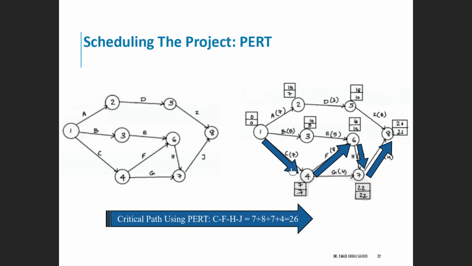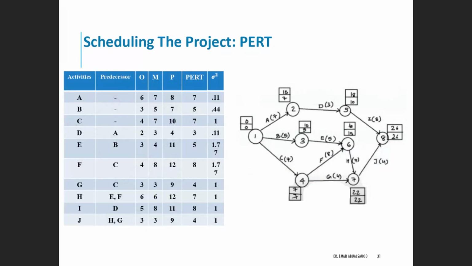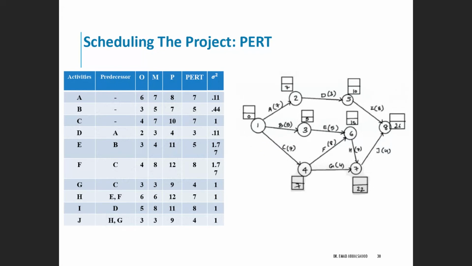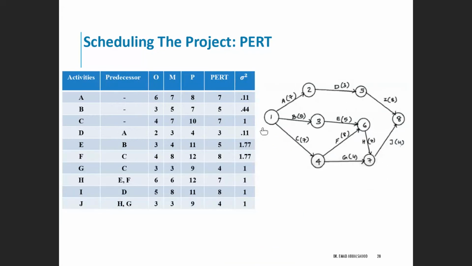How you calculate the critical path value? So the critical path will be activity C, activity F, activity H, then activity J. C, F, H, and J is the critical path. What's the time for the critical path? You add the values اللي احنا وجدناها من الأول للبيرت. 7 plus 8 plus 7 plus 8. الvalues هذه موجودة احنا we found it earlier from the previous steps in the here.